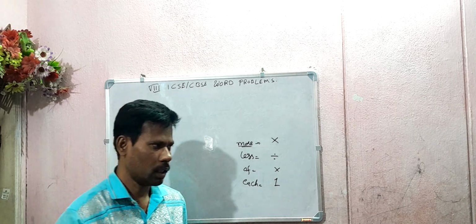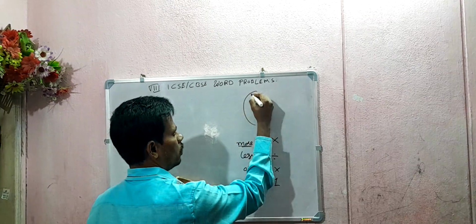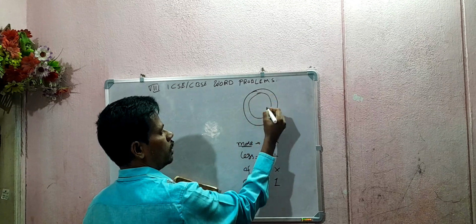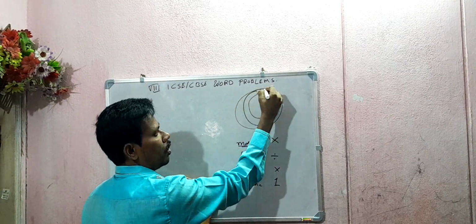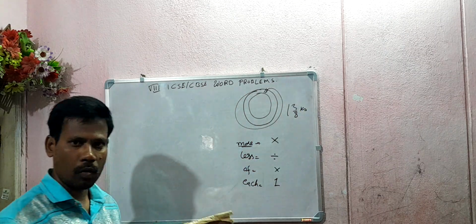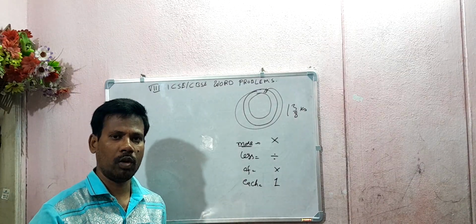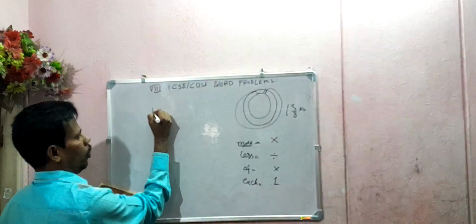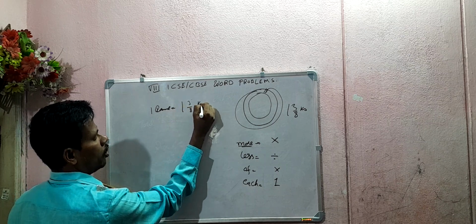Simple question. What I said, you need to understand the question perfectly. Suppose you are standing here and from here to here you want to cover, it is 13 by 8 kilometers for one round.